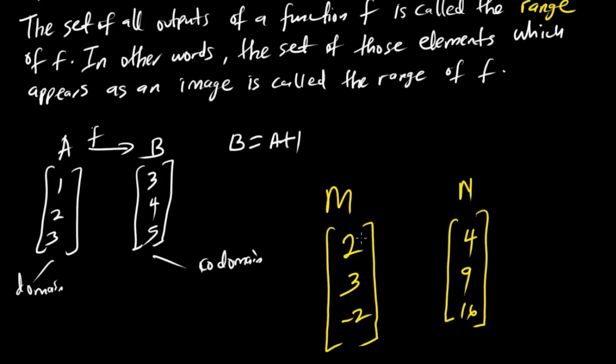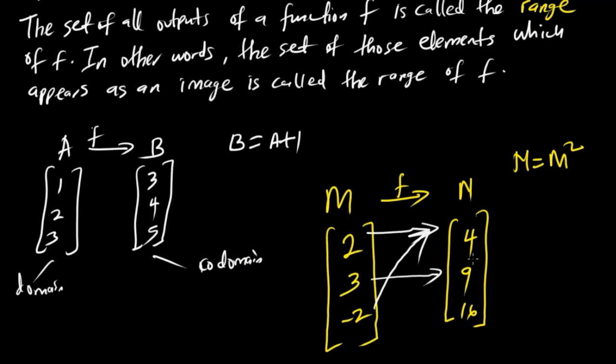So we know that all the elements in M are the domain and all the elements in N are the codomain if there's a function that maps M to N. And here we can see the image, if we define this function as N equal to M squared. So we know that the square of 2 is 4, the square of 3 is 9, and also the square of -2 is still 4.